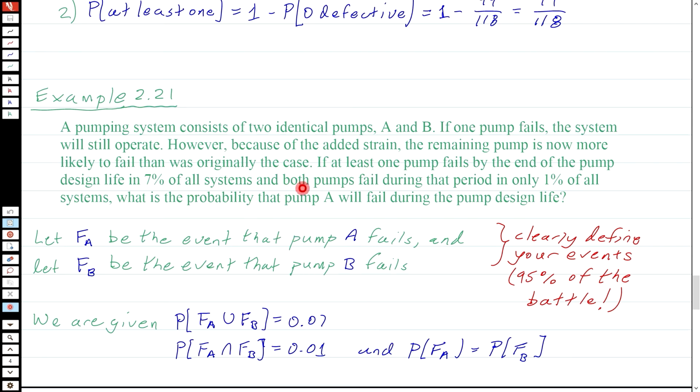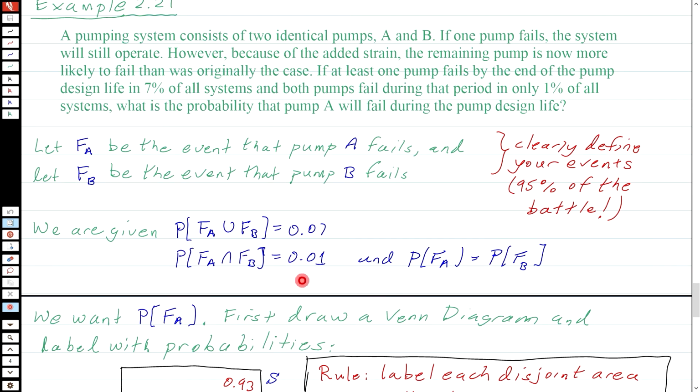We're also told that in the design life, the probability that both pumps fail is 1%. So the probability of FA and FB is 1%. And this is what we're trying to avoid, that both pumps fail, because if that happens, our pumping system has failed. We're also told that these are identical pumps, so I assume from that that the probability of failure of one pump is exactly the same as the probability of failure of the other pump, everything else being the same.